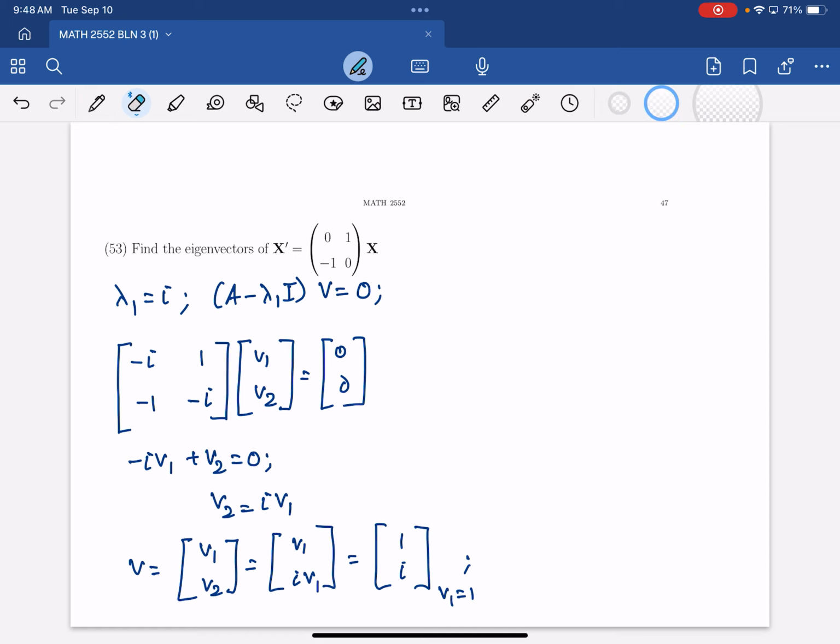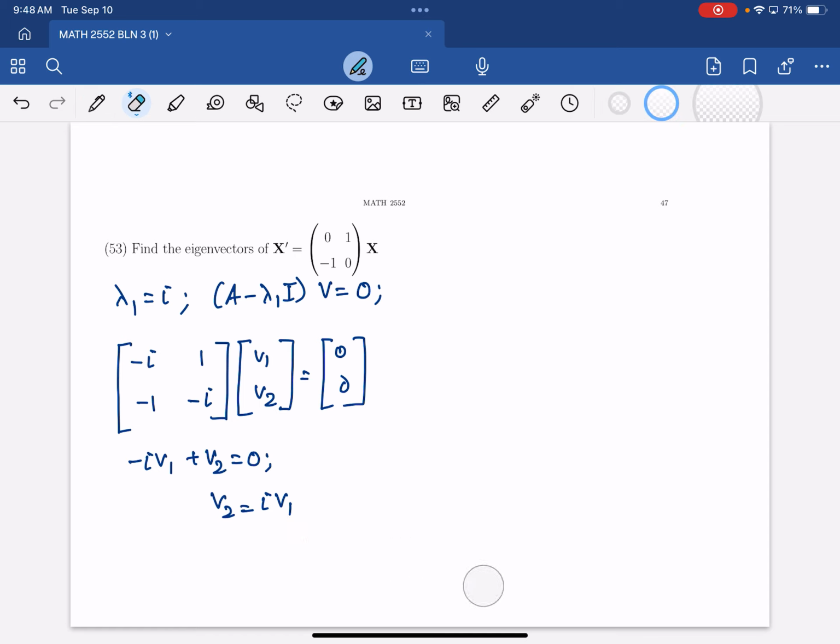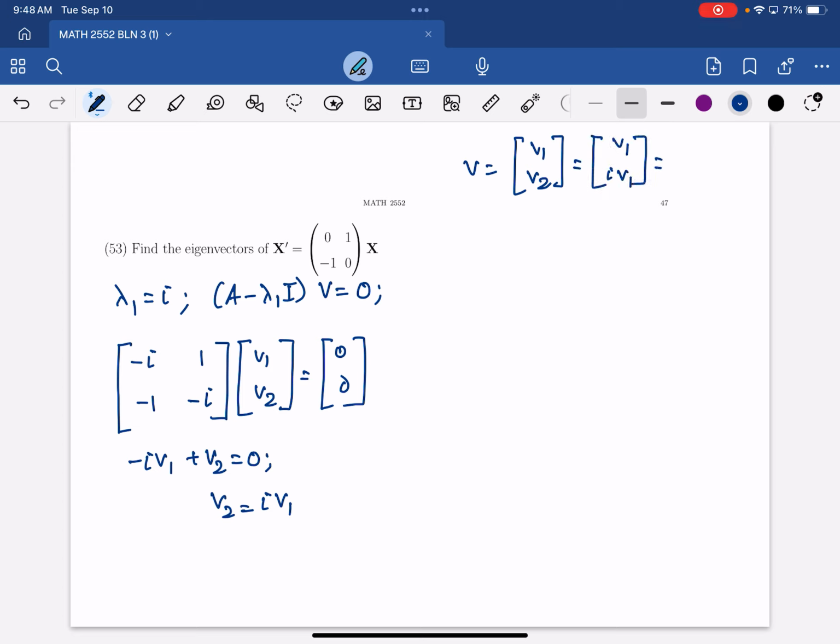So let me erase this so that I write it in a different way. So my eigenvector is (v1, v2), which I write as (v1, i v1). So that gives me (1, i) when v1 is 1. Do you agree with me on that?